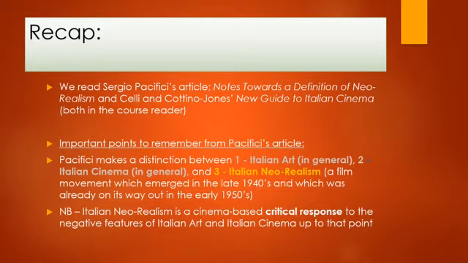And remember, Italian neorealism is responding to the first 2. It's responding to both Italian art and Italian cinema, both of which it sees as sick, as ill, or as not reflecting Italy properly. And we'll get into more details on the next slide.